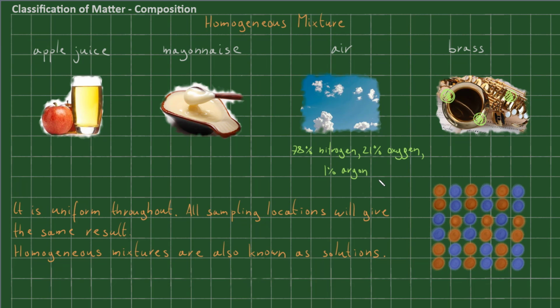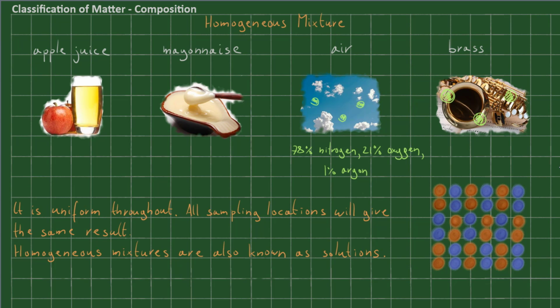And because air is a homogeneous mixture, no matter where I take a sample from, so maybe here, or down here, or maybe up here, I will always end up with these same percentages. 78% nitrogen, 21% oxygen, and 1% argon. I will not encounter a situation where one sample contains only oxygen and another sample contains only nitrogen. They are all mixed evenly throughout.